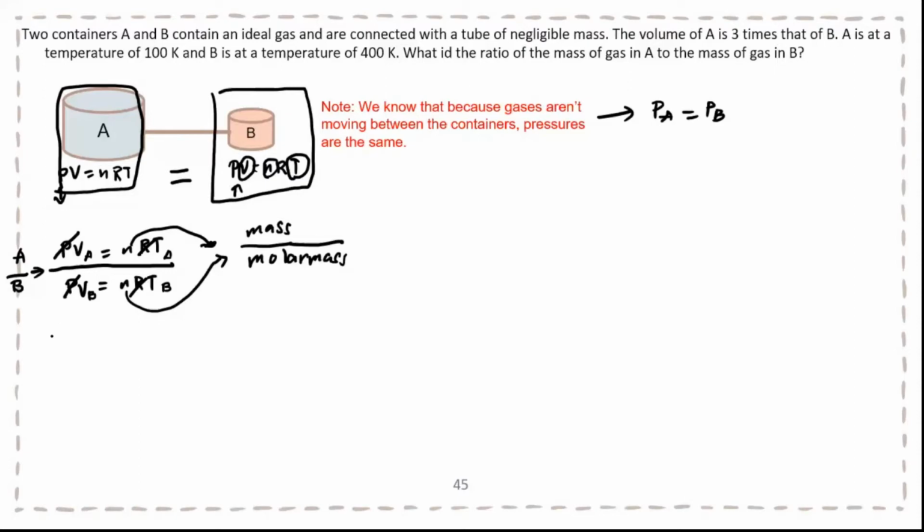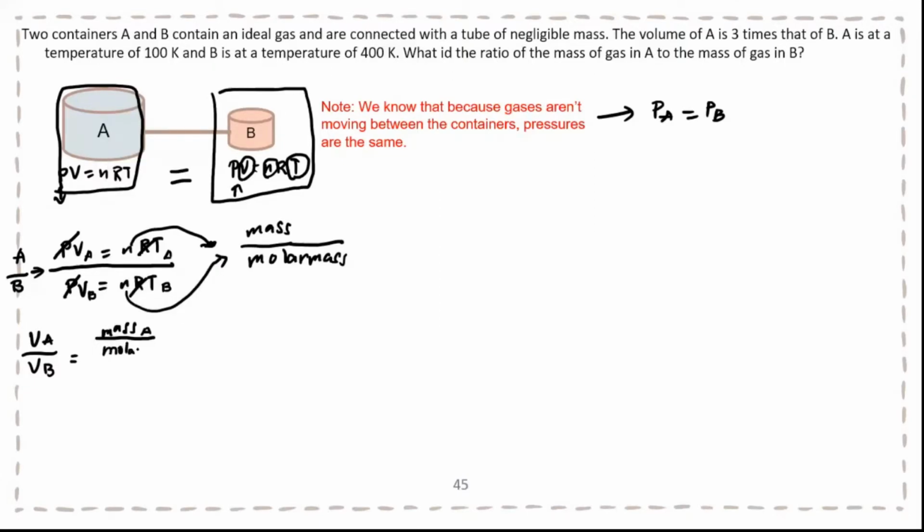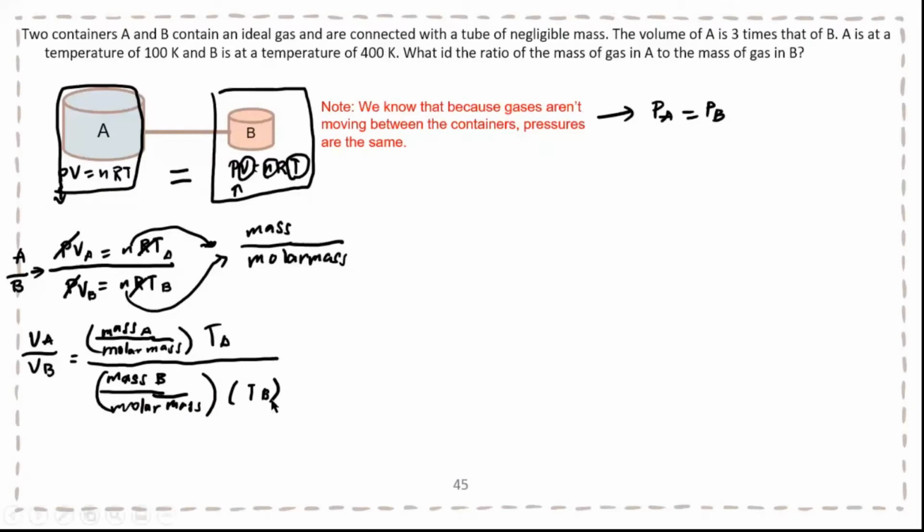So, if we are to write that again, VA over VB is equal to mass of A over molar mass of A, times TA, over mass of B over molar mass of B, times TB. Since same gas yan, cancel out lang din ang molar mass.